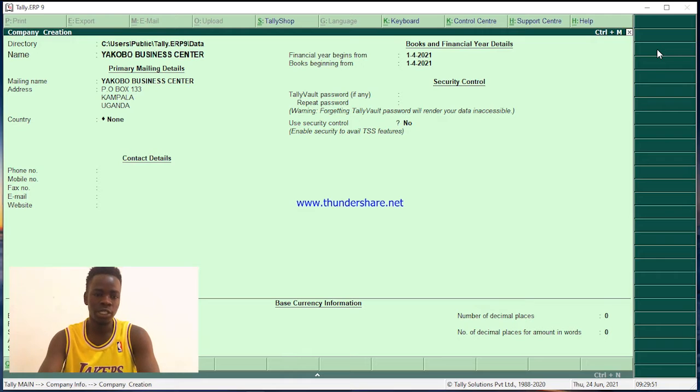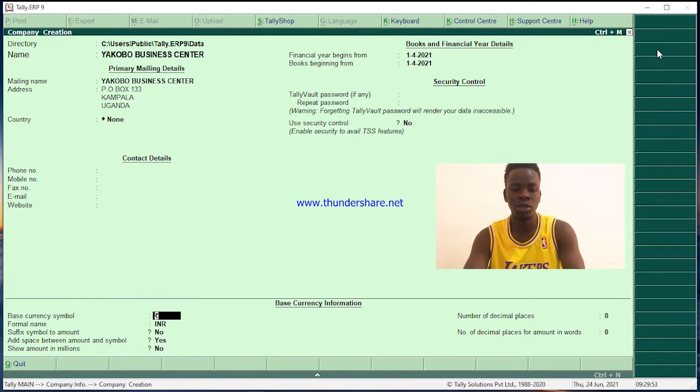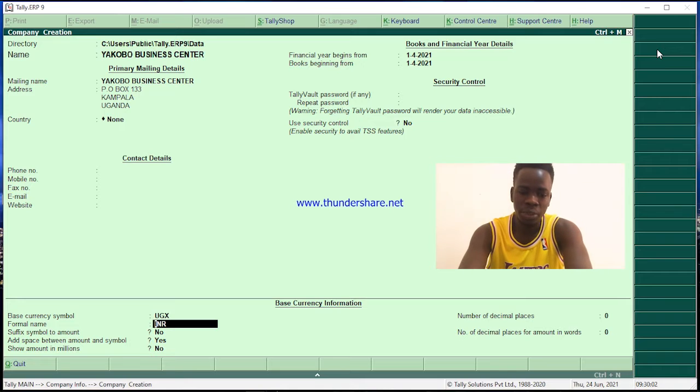So we are coming to base currency symbol. We're going to put UGX as our symbol because it's the Uganda shilling. So we got it, and for the formal name we're going to put shilling. The suffix symbol to amount, we say no. Then space, yes.